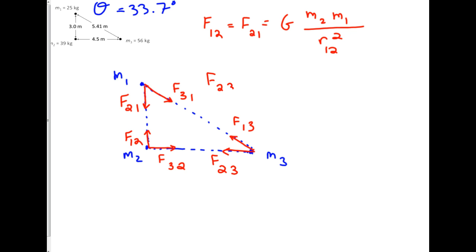Then I'm going to find the force between 2 and 3, which of course is the same as the force between 3 and 2. And that's big G times M3 times M2 over the square of the distance between mass 3 and mass 2.